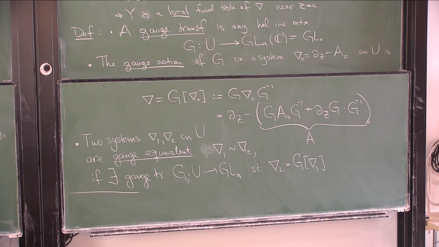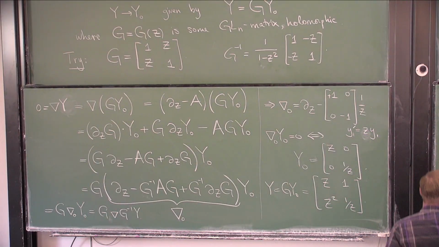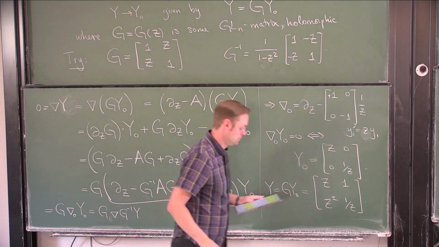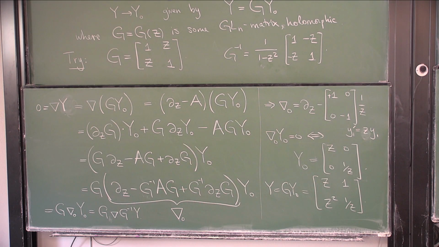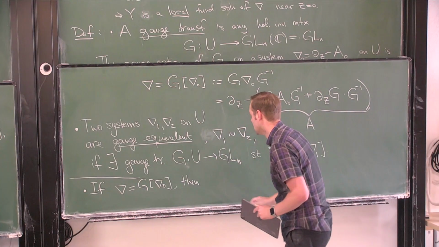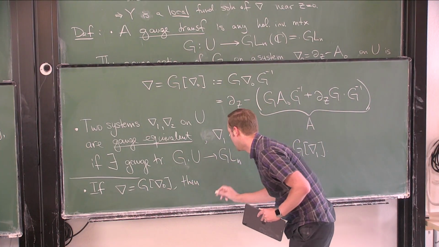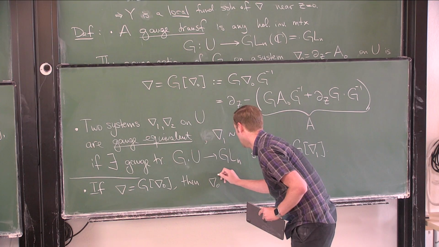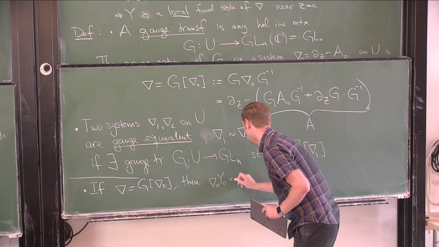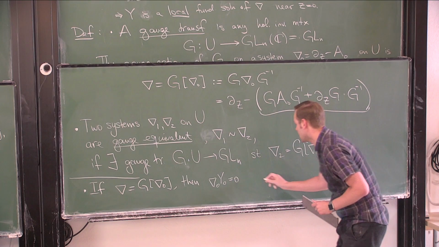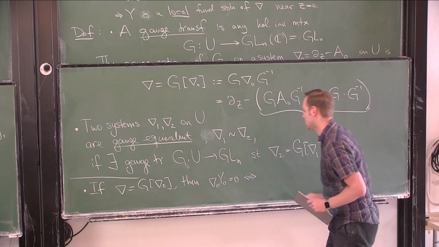So a couple of notes. We've already seen this, but let me spell this out. If we have that two systems are gauge equivalent, then a fundamental solution of one really produces for you immediately a solution of the other.